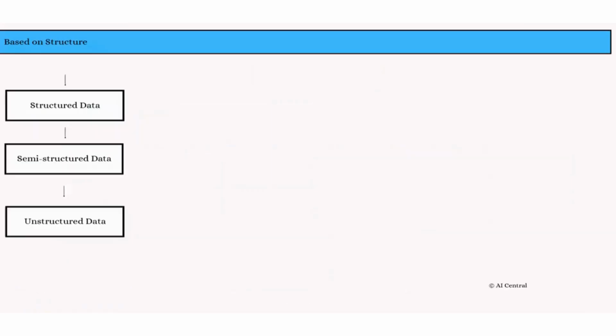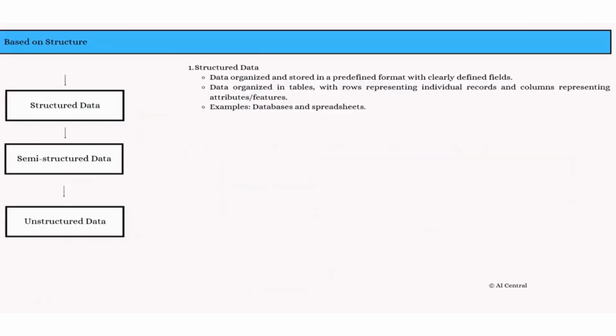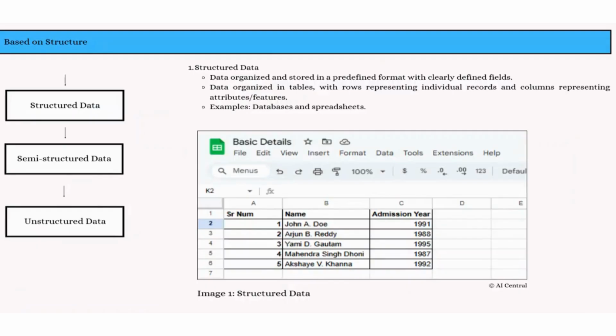Now, for the structured data, as the name suggests, this type of data has some predefined format and there are rows and columns which represent data, and we can consider examples like MySQL database or Oracle database or spreadsheets for the storage of structured data.